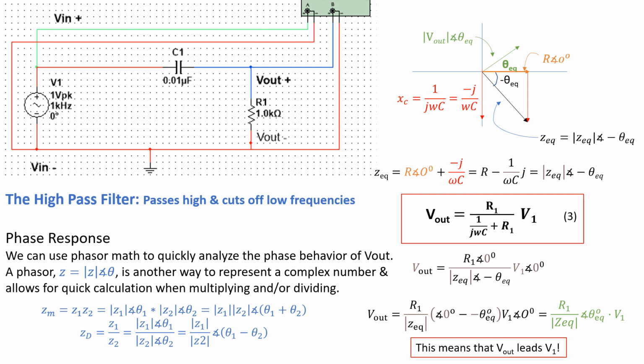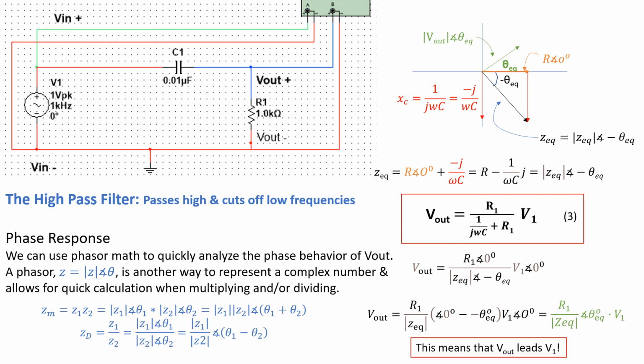The quotient vector, shown in green, is the result of the division of a real number, whose phase angle is 0 degrees, the orange vector, and some additional phasor, the black vector, whose phase angle is negative theta equivalent. Now, according to the rules of phasor division, the phase angle of the green vector is 0 minus negative theta equivalent, which equals positive theta equivalent. So we now know the phase of Vout.